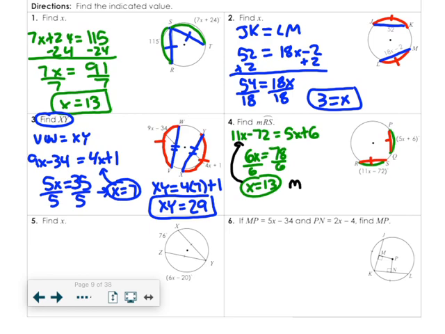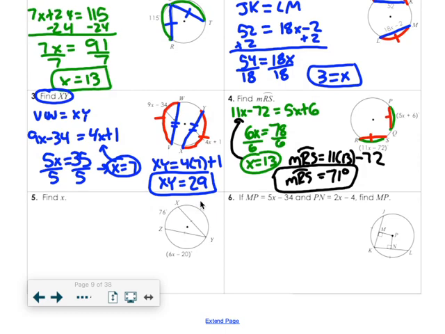So the measure of arc RS is equal to 11 times 13 minus 72. If you do 11 times 13 and then subtract 72, you get 71 degrees. You should be able to check that answer by plugging x into the other one. 5 times 13 plus 6 should also be 71.